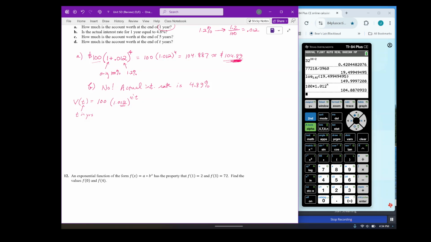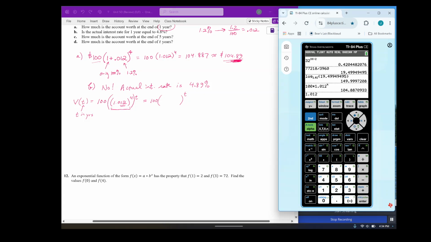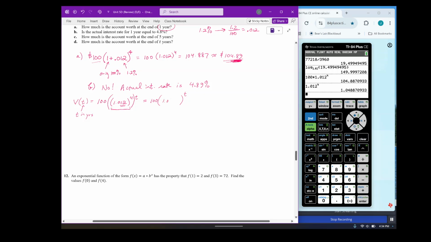So if I write it like this, I can now rearrange this formula where the only thing on the outside of the parentheses is the years. And if I take this 1.012 to the fourth, that turns into 1.04887. Now this formula looks like the one that's P naught times 1 plus R to the T, right?